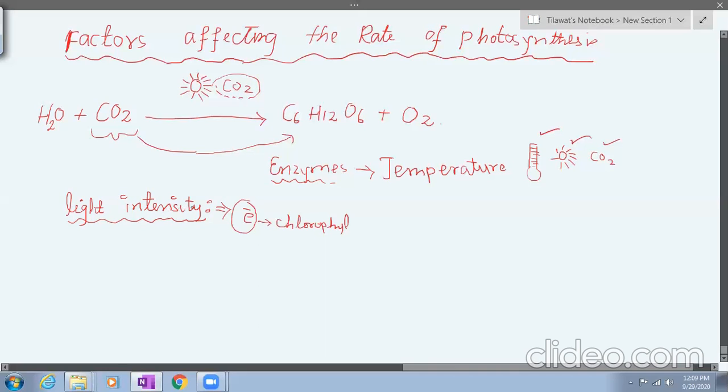Here I'm talking about the specific intensity needed for electron excitation from chlorophyll. Now, if I draw a graph for this light intensity, the graph will be like this. On one side I will mention light intensity.